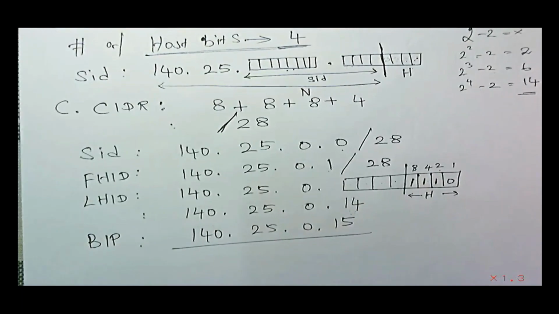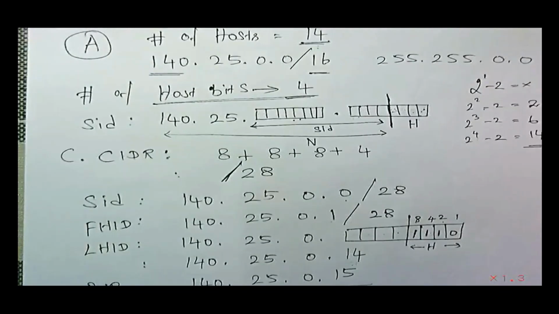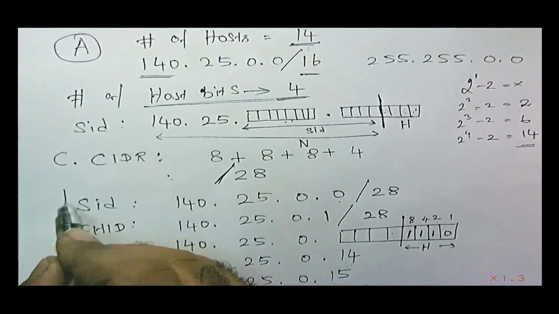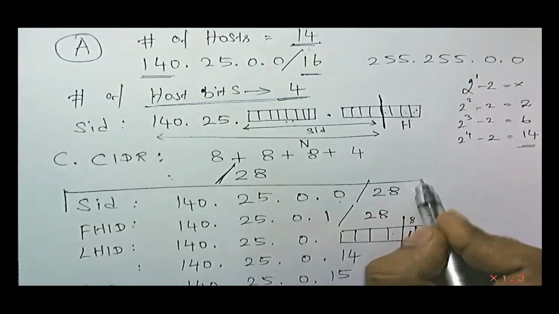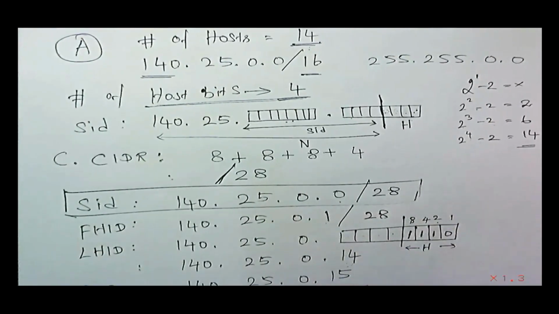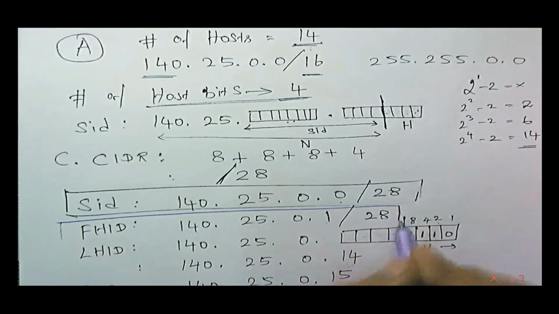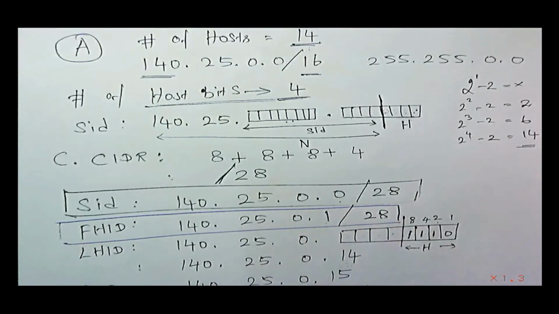So for the first subnet A, this is going to be your subnet ID. Then your first host ID. Then the last host ID, 14. Then your broadcast IP address.